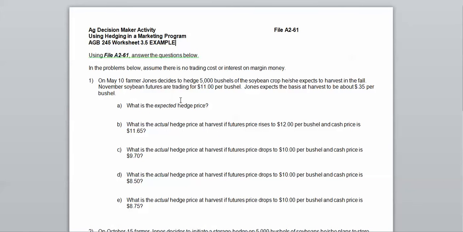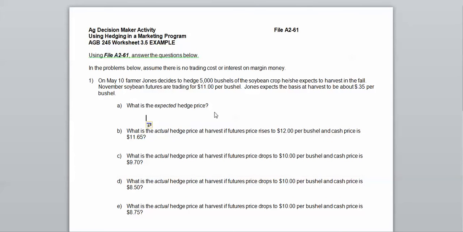On problem 1, on May 10th, Farmer Jones decides to hedge 5,000 bushels of the soybean crop that they expect to harvest in the fall. The November soybean futures are trading at $11 a bushel. Jones expects a basis at harvest to be 35 cents a bushel. So our expected hedge price is always based on what we sell a futures contract for.